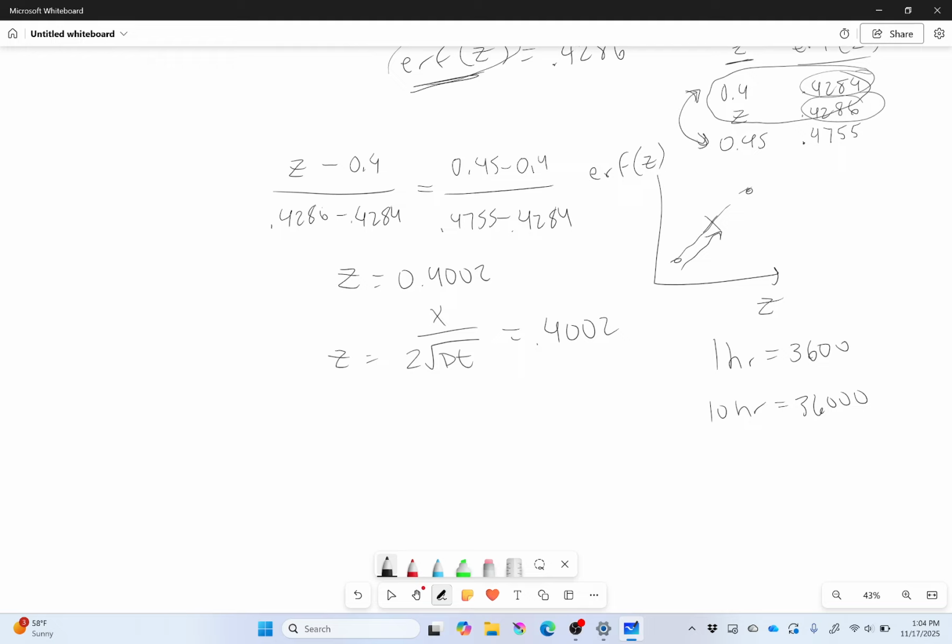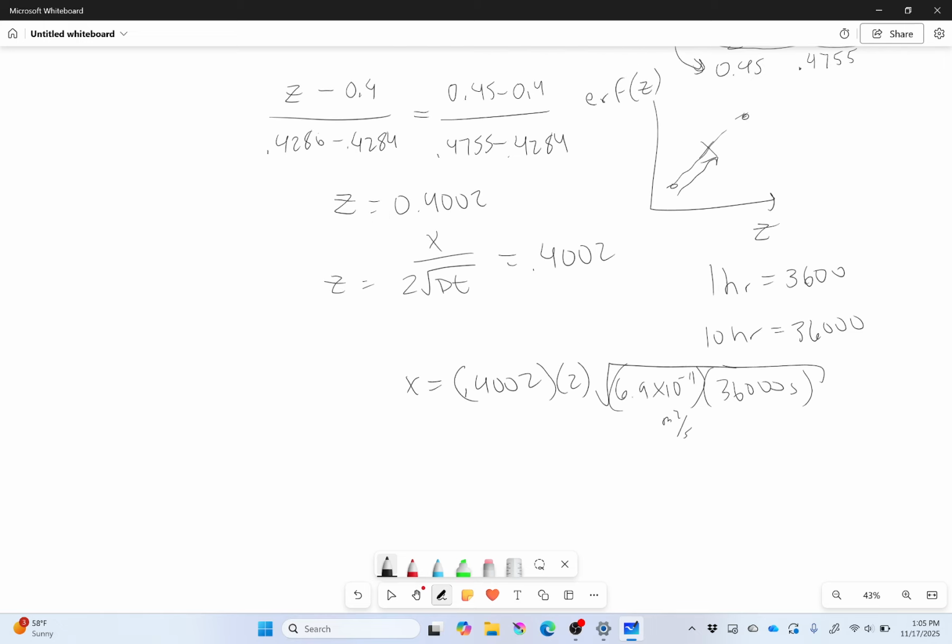So x is going to be equal to 0.4002 times 2 times the square root of my diffusion coefficient, which was given, which is 6.9 times 10 to the negative 11th, times that time in seconds, because our diffusion coefficient was in meters squared per second. So my time has to be in seconds, which is 36,000 seconds.